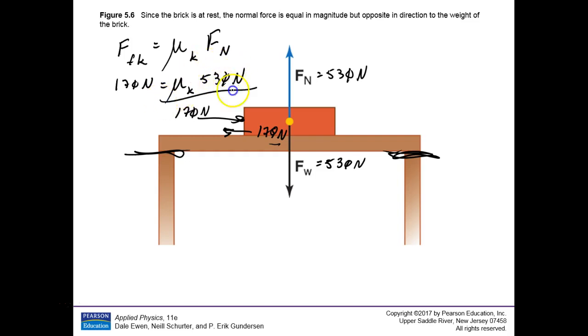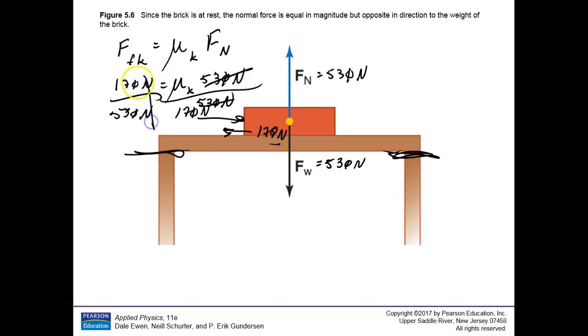Well, let's divide both sides by 530 newtons. And what is your normal force? These go out here. What's 170 divided by 530? And notice your mu sub K is just a pure constant. No units associated with it. It's just a ratio.